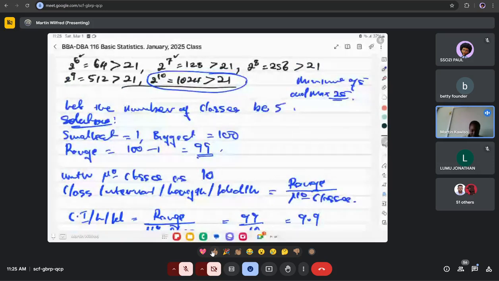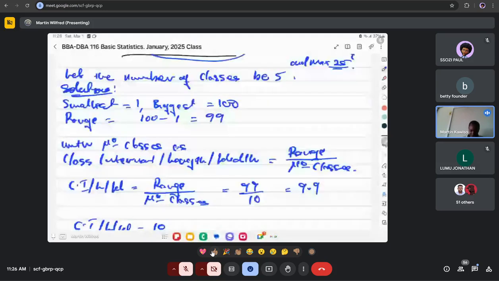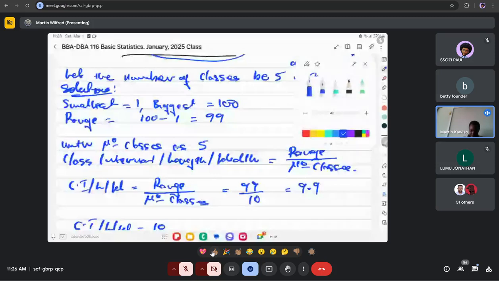If we use 5 so that we help people who are crammers. Otherwise, they will say, is it a must that the number of classes has to be equal to the class width, forgetting it was just a coincidence. So let's avoid that confusion because we are after understanding and not cramming.